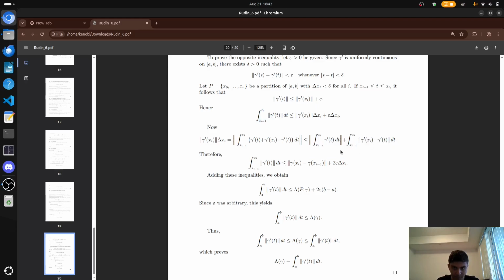Okay. Now, this thing over here is the same thing as this thing, because gamma prime, when you take its integral, is going to give you gamma of xi minus gamma of xi minus 1 by the fundamental theorem of calculus. So it's going to give you this thing. And we know that gamma prime of xi minus gamma prime of t is less than epsilon by this statement over here.